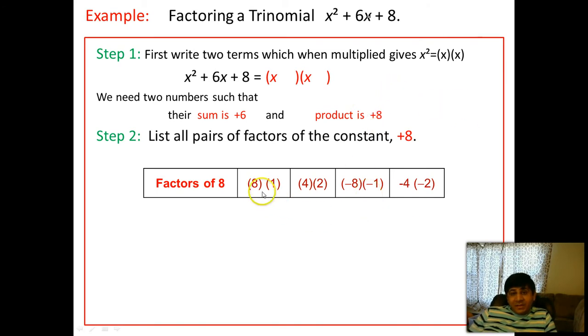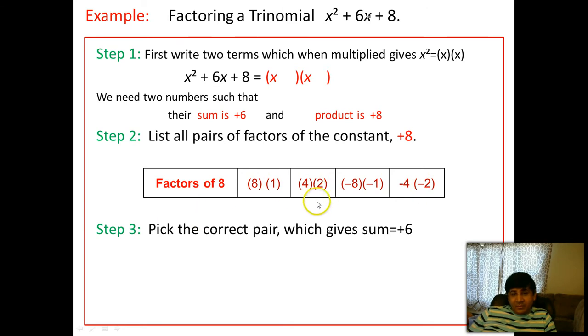Now, among these four pairs, pick the correct pair which gives the sum of plus 6, the coefficient of the middle term. This pair gives 9, this one gives minus 9, this one gives minus 6, and we want plus 6.